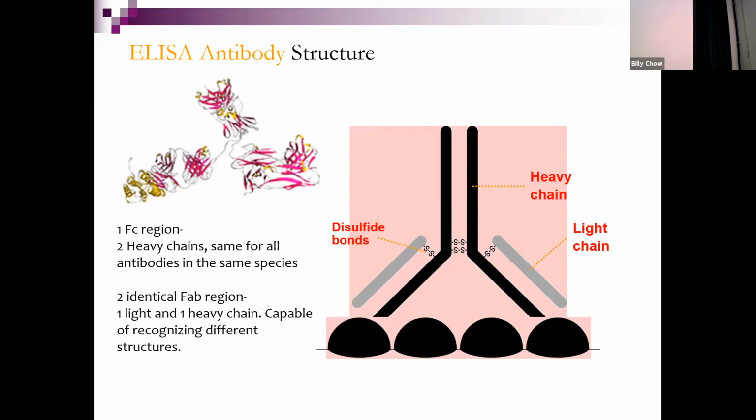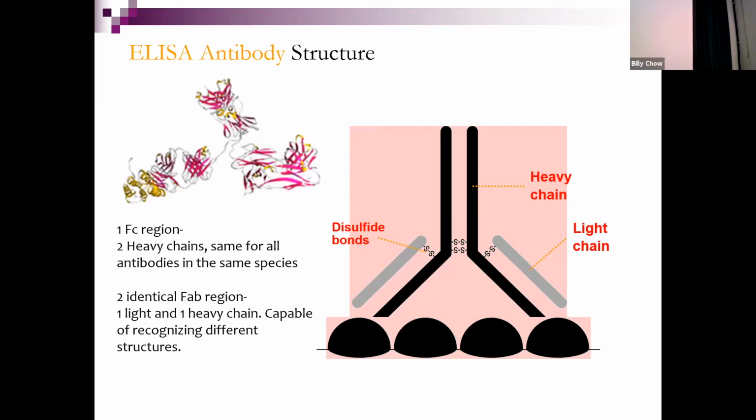So there are 2, this is called the FAB region, and then this is called the FC region. And remember that very clearly. FAB region is responsible for recognizing the antigen. The FC region is the same for all the antibodies produced by the same species.